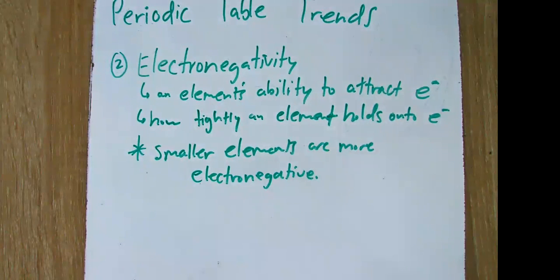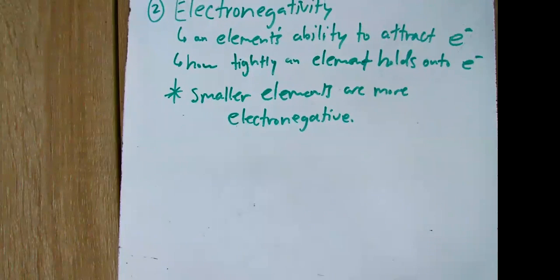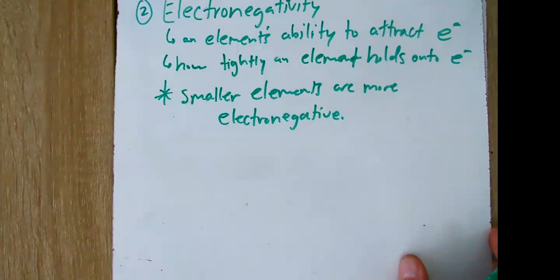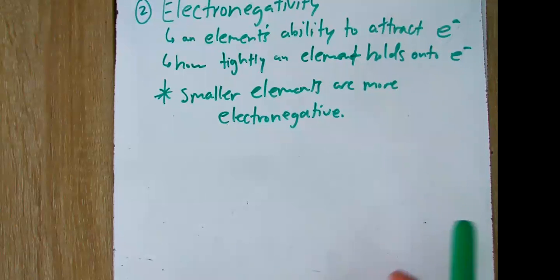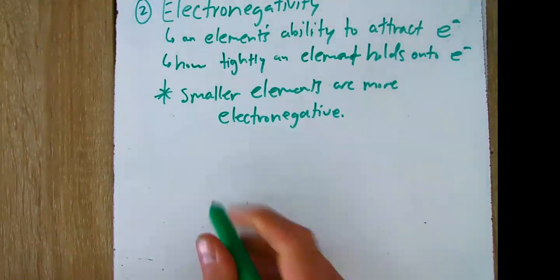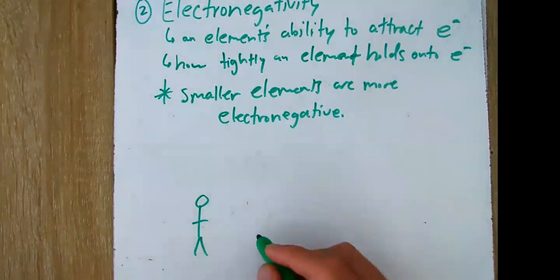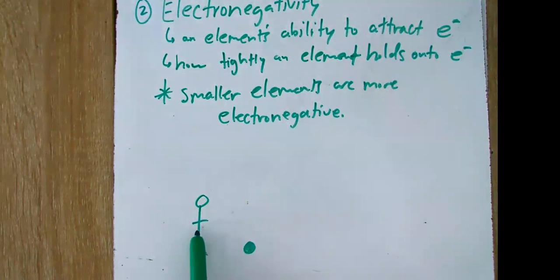Okay, let's give you a little bit of analogy to help you understand what this word means a little bit better. When somebody is a good soccer player or a good basketball player, they have ball skills. So if this is my person right here, and this is the soccer ball, in our analogy, the person is the nucleus and the ball is an electron.